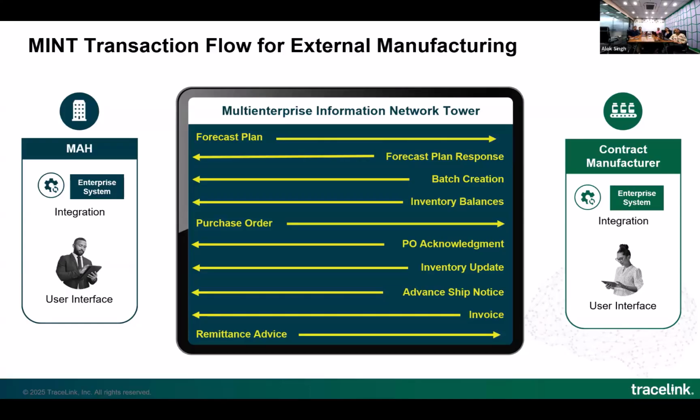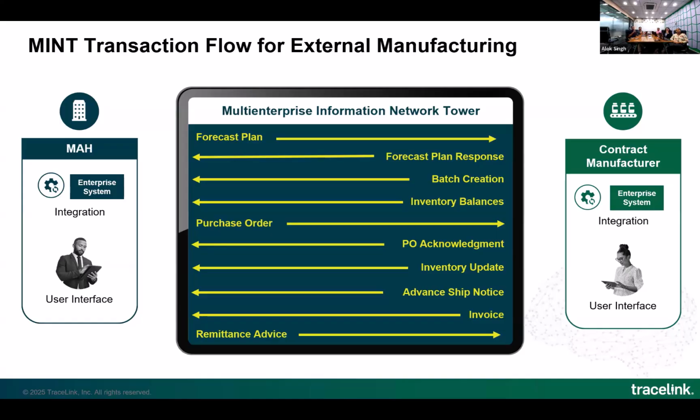These are a subset of the transactions used in external manufacturing orchestration: forecast, plan, response, and so on. The direction also shows in which direction those messages are sent. Some of the messages originate from the MAH, and once CMOs receive those messages, they respond back with the appropriate transactions.